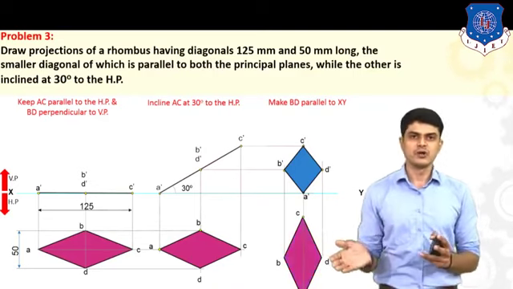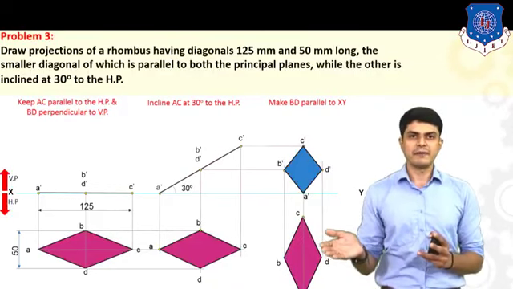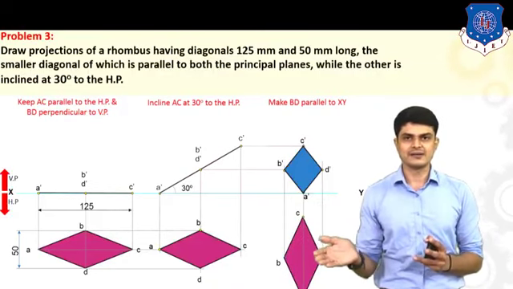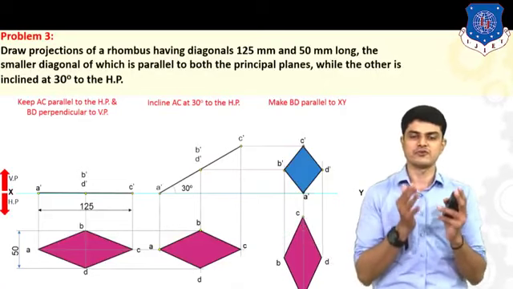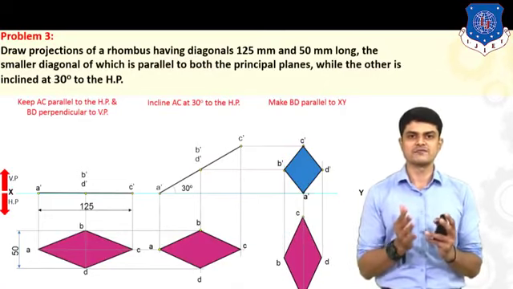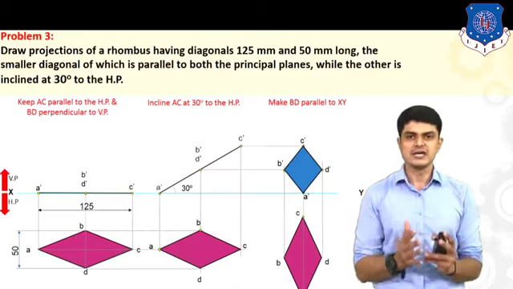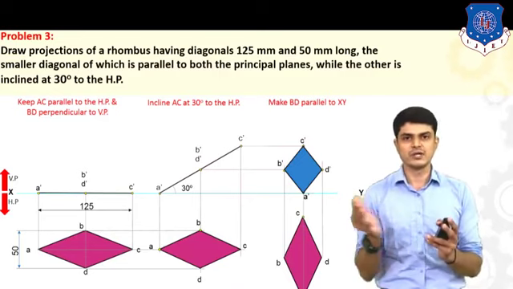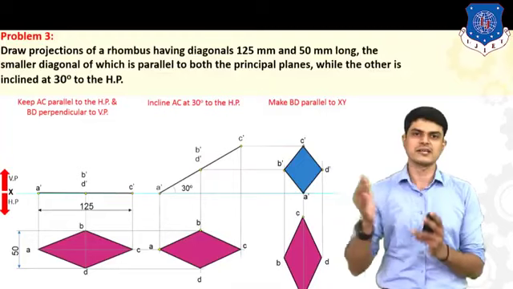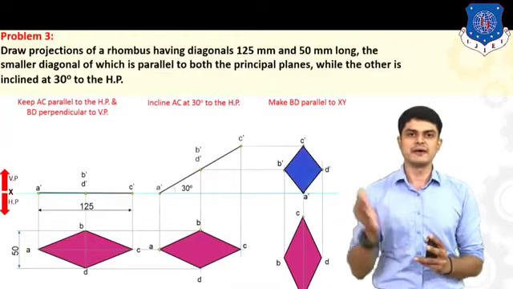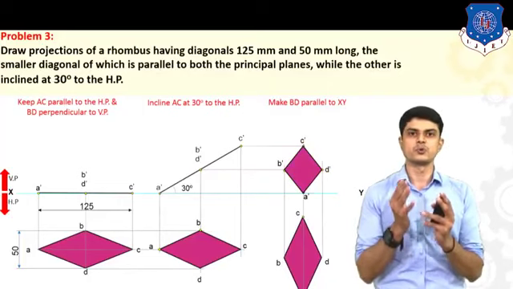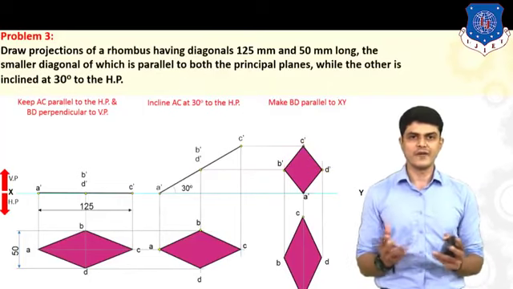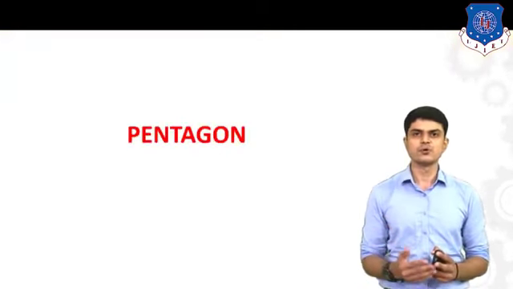So let us draw this BD parallel to the XY line, and then redraw this figure of your second stage into your third stage by the help of your rounder, you will be having this final figure generated in your third stage. After getting this figure, let us draw a vertical line from each and every point and horizontal line from each and every point. You will have your final object created, which is nothing but your front view in the third stage. Very easy. So let us move ahead.